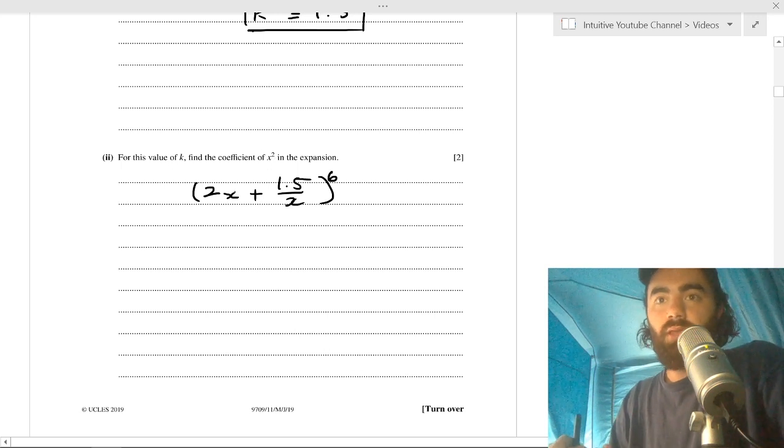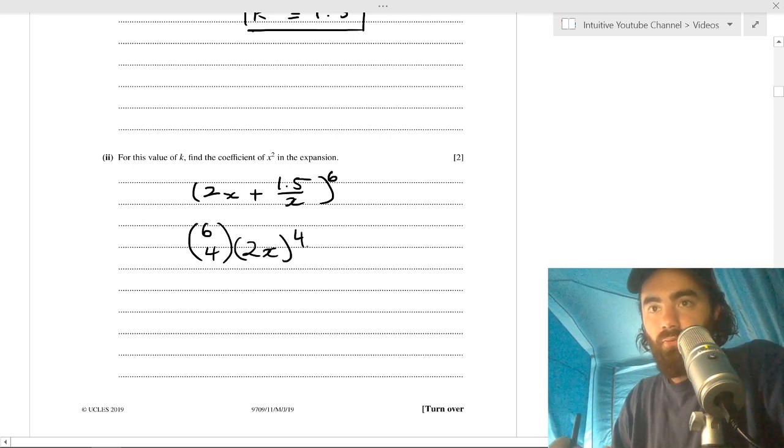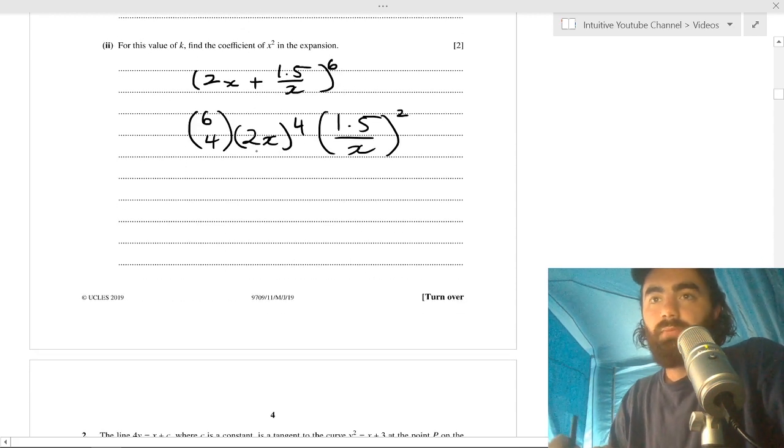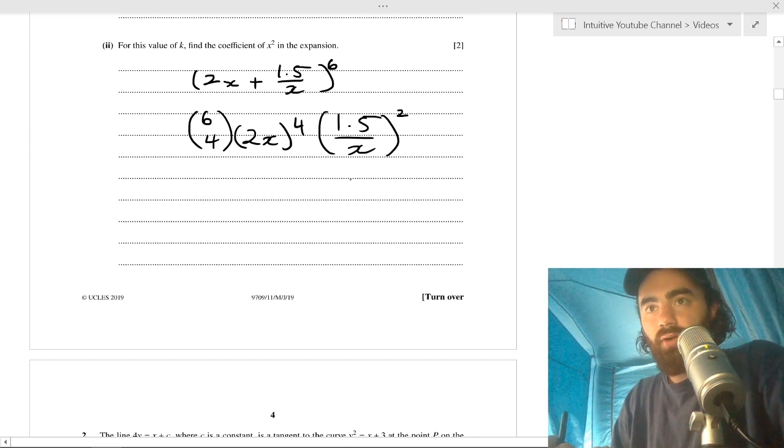Well, again, we have to think, how are these two going to multiply together where we're going to get a coefficient of x squared? Well, it's when we're going to have an x to the 4 on the top divided by an x squared on the bottom. So that'll be when 4 times 2x to the 4 times 1.5 over x squared. Because I can see you're going to get an x to the 4 over an x squared.